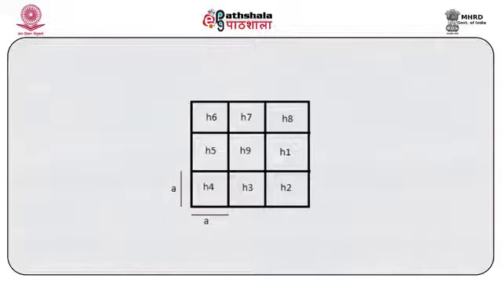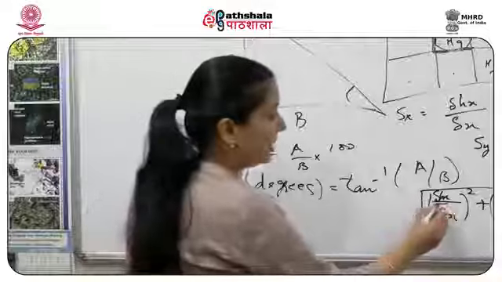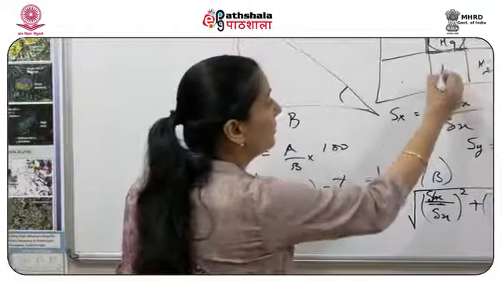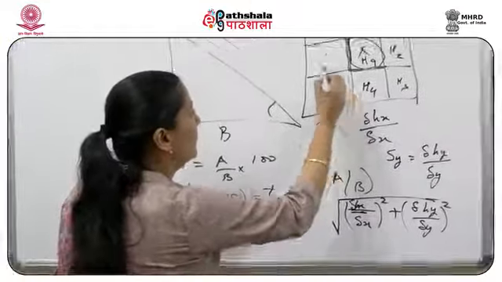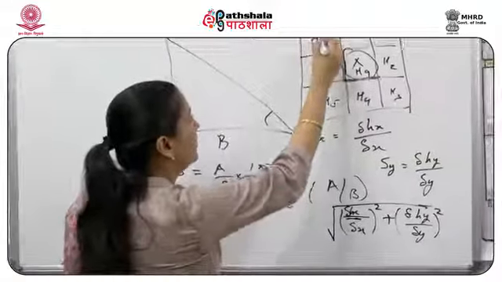So if we have to calculate the slope for pixel H9, what would be del hx? This was H4, 5, 6, 7.